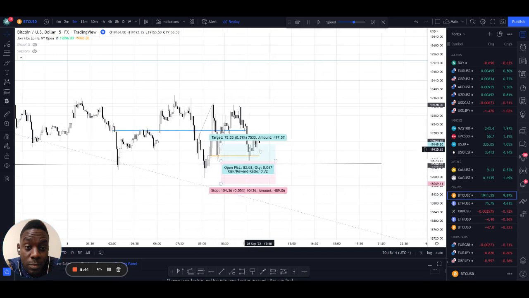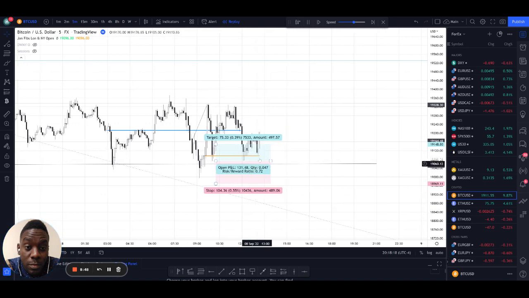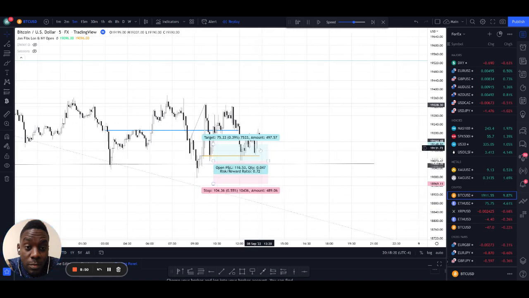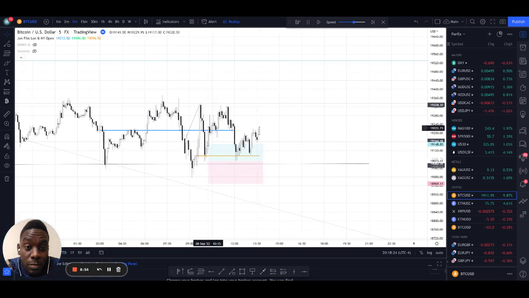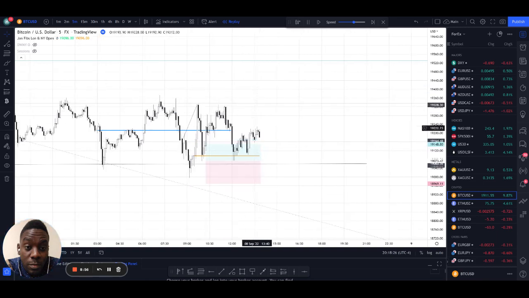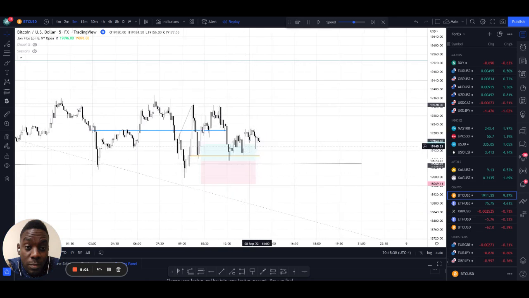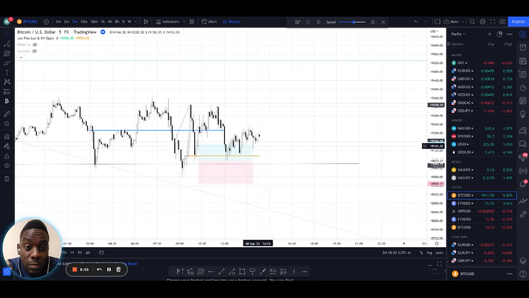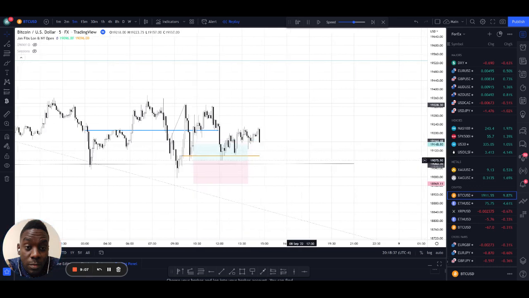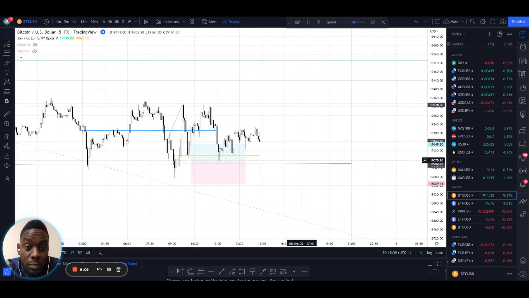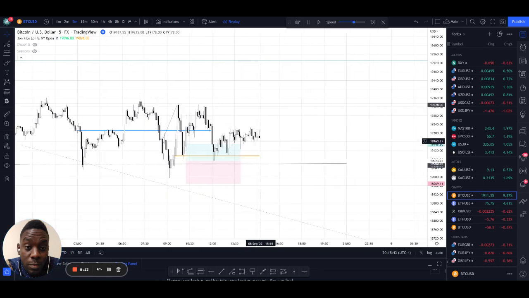So I generally don't move my stop to break even until I've broken a newer significant high. So at this point, after one, after two, most of the day, depending on your entry, you'd have been in this trade with no significant movements.